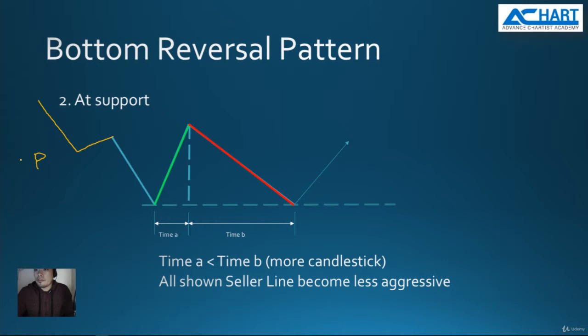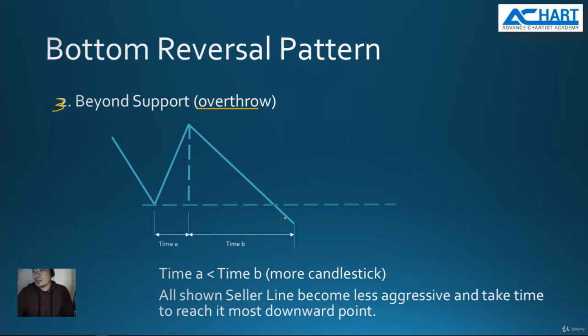It goes beyond the support level, but again you can see the seller becomes less aggressive, and it really takes a very long time for the line to end its retracement compared to the buyer here. As a result, it has the potential to go up.